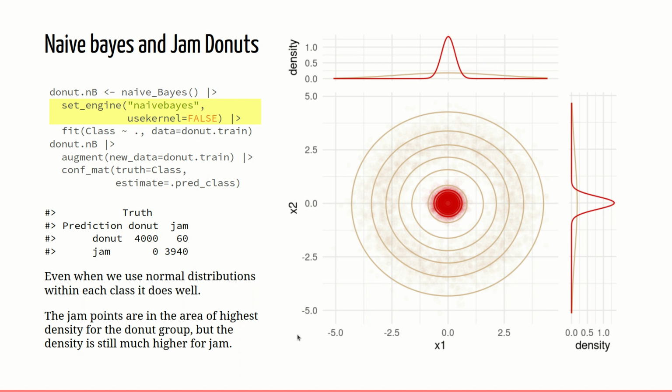Okay, so all of the jam points are in the area of highest density for the donut group, right? So here's the area of highest density for the donut group, and there's no donut observations there at all. But because the distribution of the jam density is still even higher there, we still do really well. Okay, so you can see that we're getting the donut perfect and we're getting most of the jam correct.